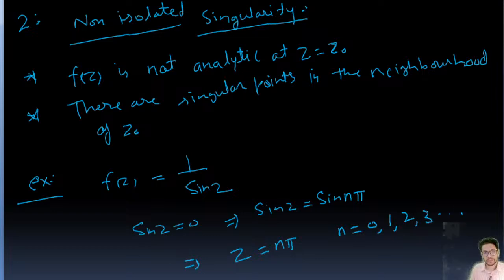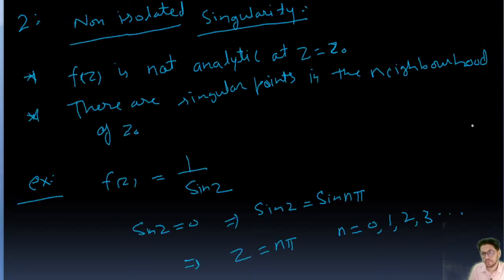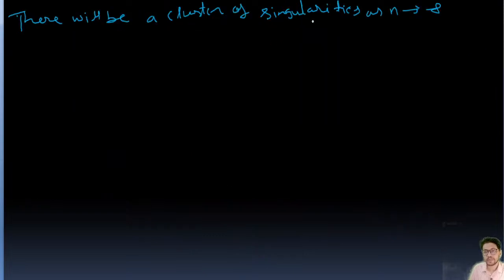This means there will be a cluster of singularities as n tends to infinity, since the values of n are infinite.